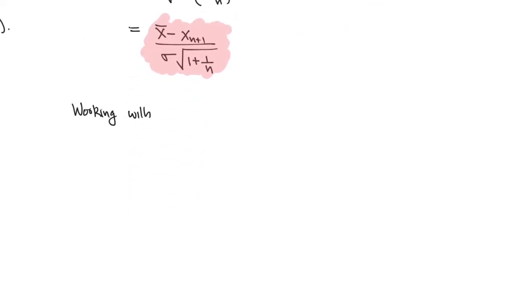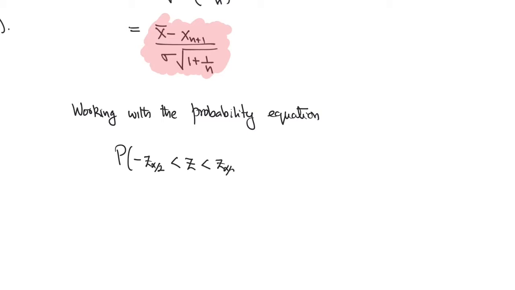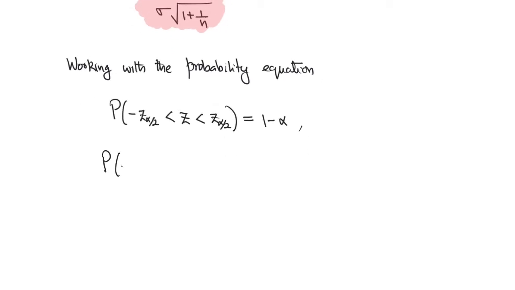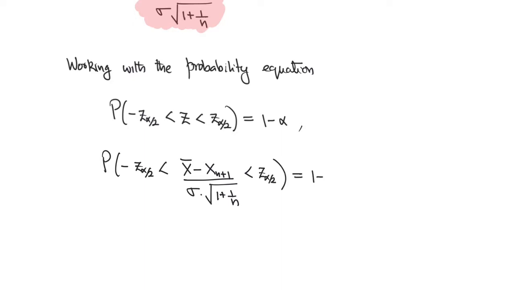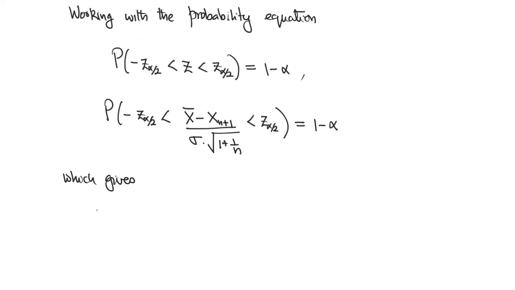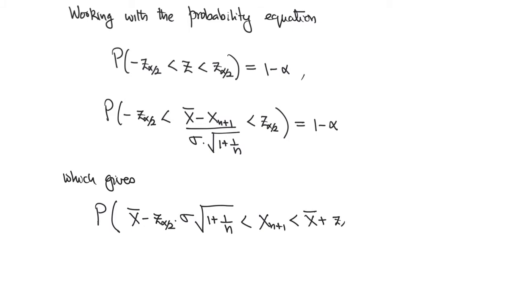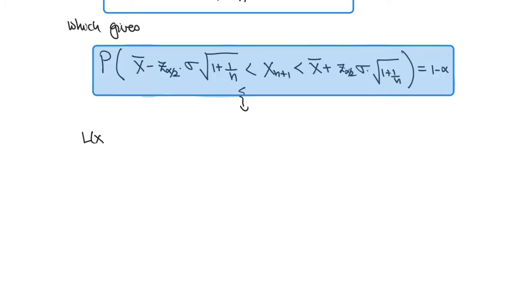Working with the probability equation, the probability of negative z alpha over 2 less than Z less than z alpha over 2 equals 1 minus alpha, where z alpha over 2 is the critical value corresponding to alpha over 2, we get the following probability equation, which further simplifies to the probability of the random variable x n plus 1 lying between x bar minus z alpha over 2 times sigma times square root of 1 plus 1 over n and x bar plus z alpha over 2 times sigma times square root of 1 plus 1 over n equals 1 minus alpha.